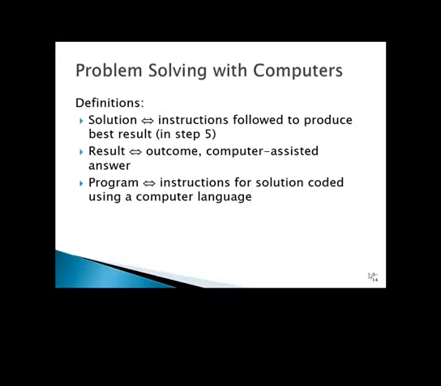The result is basically the software itself, the computer code or the program. The program itself is the instructions that implement all the steps or the algorithm provided in the previous step. So this is coded into computer language.